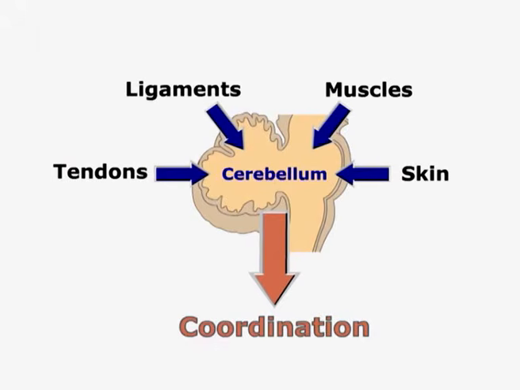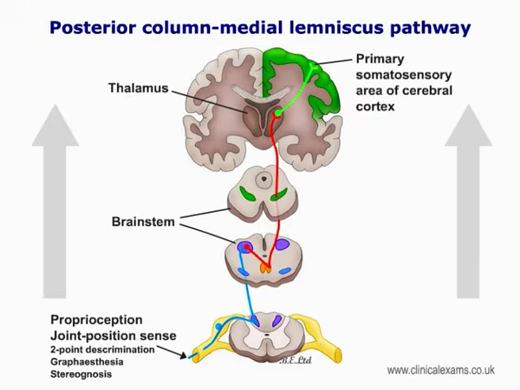Now coordination. In testing for coordination, we are also assessing components of joint position sense and proprioception. There were elements of these modalities when posture and gait was assessed earlier on. For proper, smooth, coordinated movement, the body needs to integrate sensory input from the various sensors within the muscles, ligaments, tendons, and the skin.